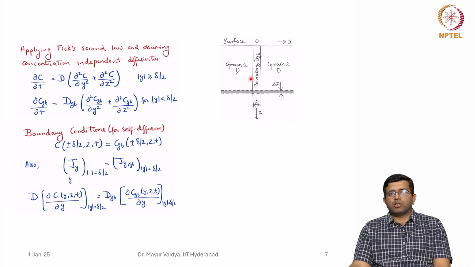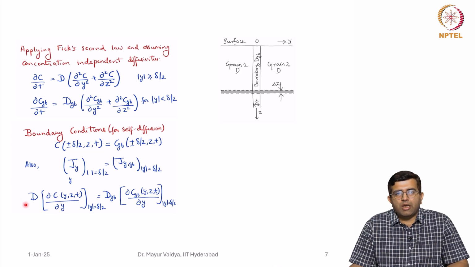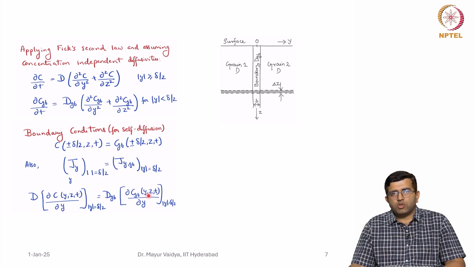So, if you calculate the flux using the grain boundary function value, that should be same when you calculate using the grains also. So, at y equal to δ/2, the value of flux should be equal. Now, this J can be written as minus D ∂C/∂y at y equal to δ/2 is equal to minus DGB times ∂CGB/∂y at y equal to δ/2.